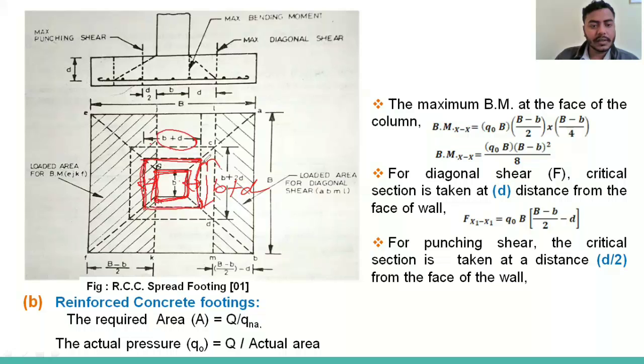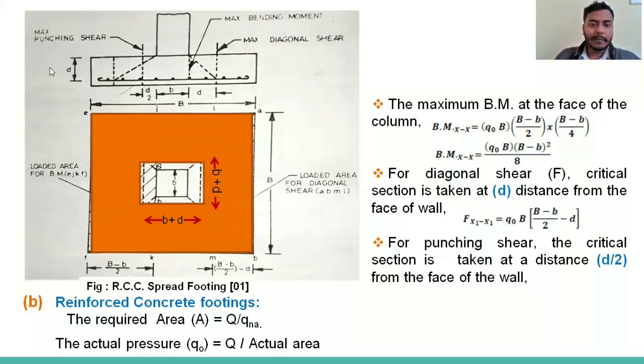So at this position, this punching shear will come. What is the meaning of this punching shear? What will happen? This is the column. The column with this footing will go down; it will settle with respect to the other portion. So this portion will go down. Don't be confused about this.